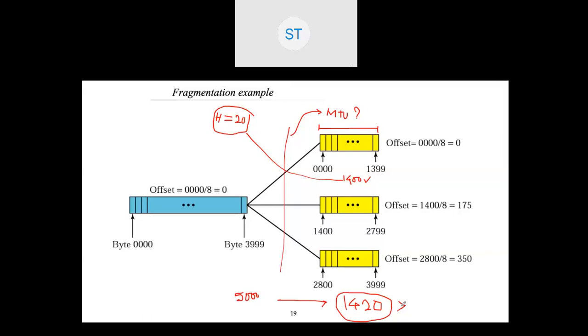So here exactly 1400 is divisible by 8. That's why, what was the previous problem, 996, 976 instead of 980 we have to take 976. Here 1400 as it is you can take. So divisible by 8 is 175, and 350. So offsets are 0, 175, 350.